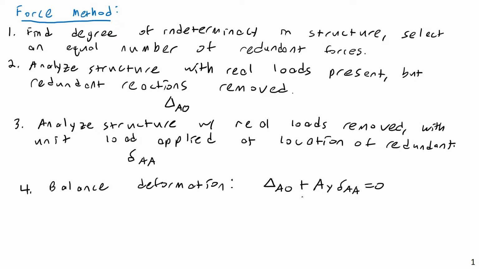Although we looked at different permutations of this, if you have multiple redundants, then you'd have a delta AB, a delta BA, and you'd have to solve a system of equations. And we also saw variants where this is not equal to 0. So for example, in the pure settlement example, I said for one particular joint, that joint was settling 2 inches, so this was actually equal to 2 inches. But anyway, when you balance deformation, you will solve for the value of the redundant reaction.